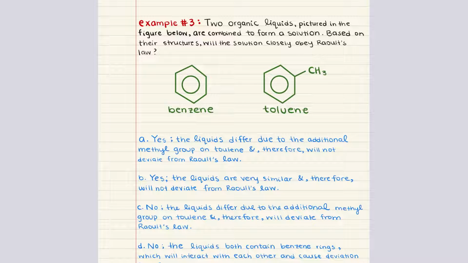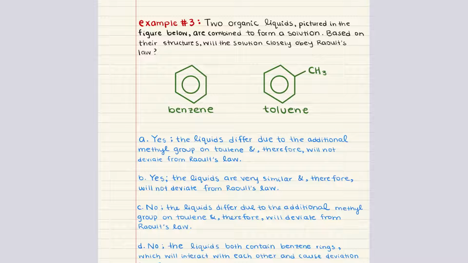Problem 3 says two organic liquids pictured in the figure below are combined to form a solution. Based on their structures, will the solution closely obey Raoult's law? A says yes, the liquids differ due to the additional methyl group on toluene and therefore will not deviate from Raoult's law. B says yes, the liquids are very similar and therefore will not deviate from Raoult's law.